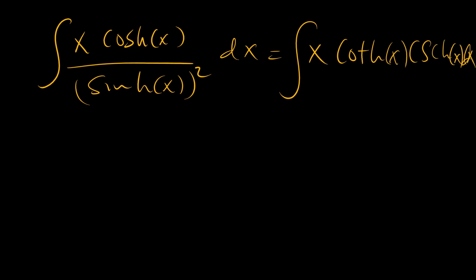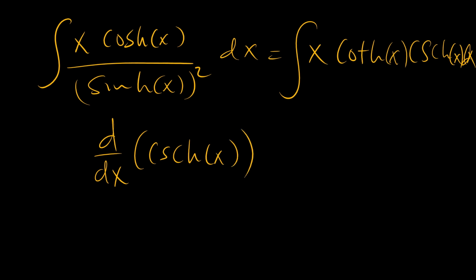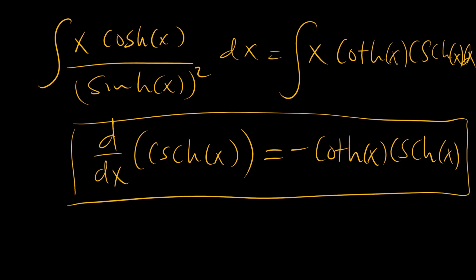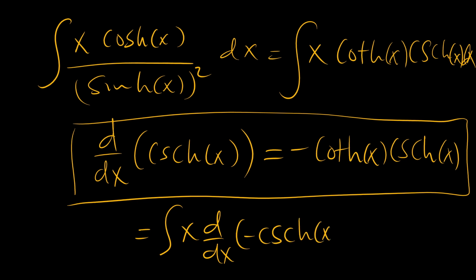An important thing to note here is that the derivative of the hyperbolic cosecant of x is equal to the negative hyperbolic cotangent of x, hyperbolic cosecant of x. Right? So this is just something to have in mind, so that our integral is simply x times the derivative of the hyperbolic cosecant of x.